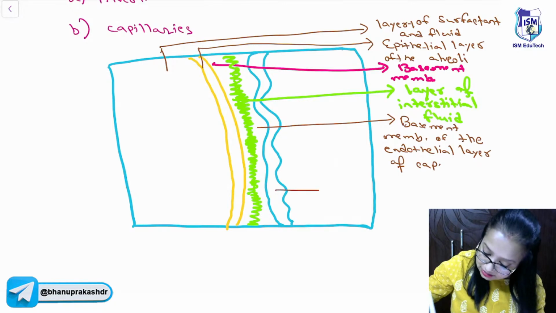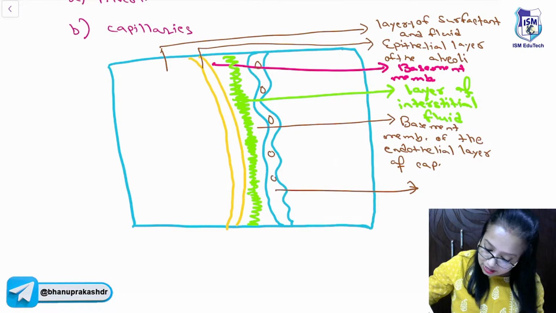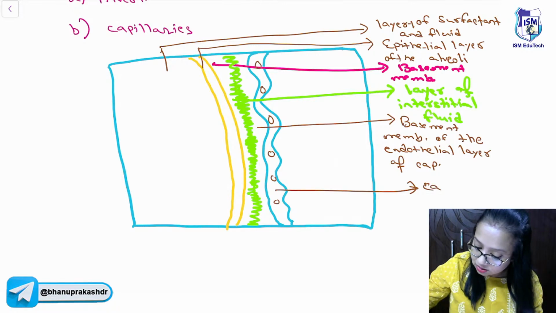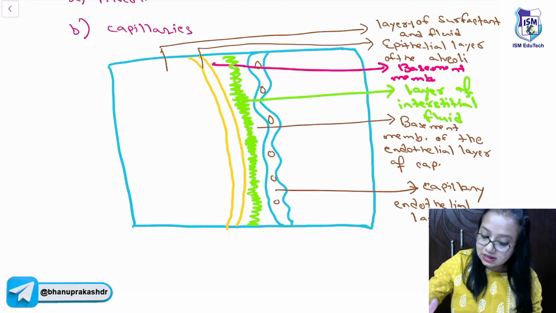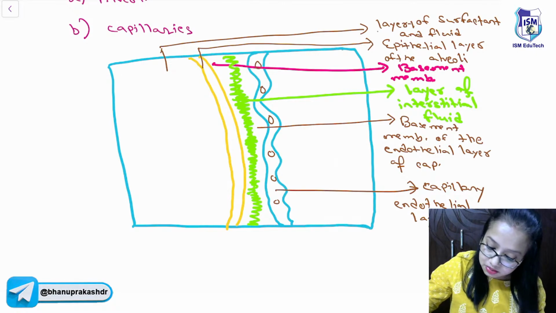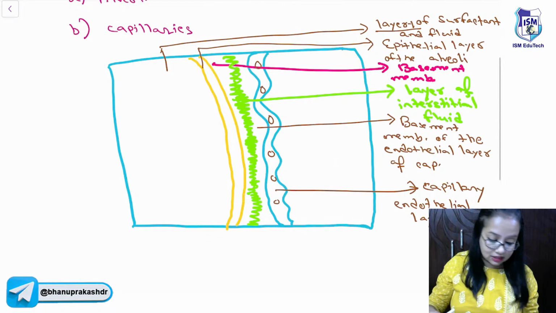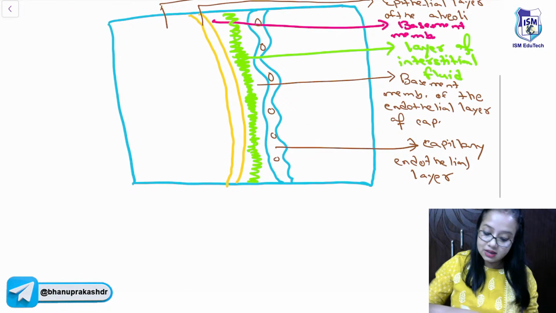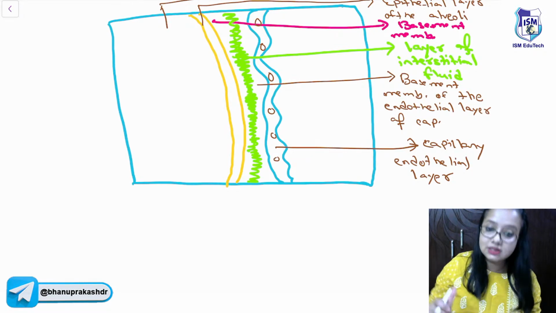And lastly, we have the capillary endothelial layer. These six layers, layer 1, 2, 3, 4, 5, 6, make up the respiratory membrane.